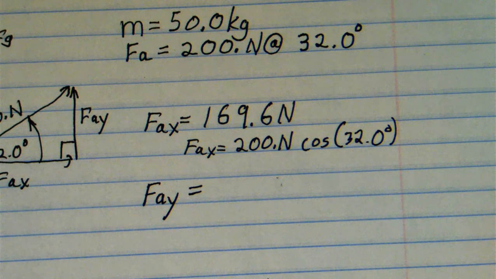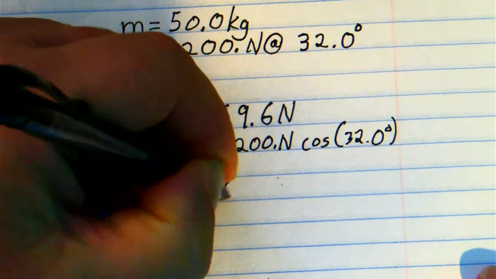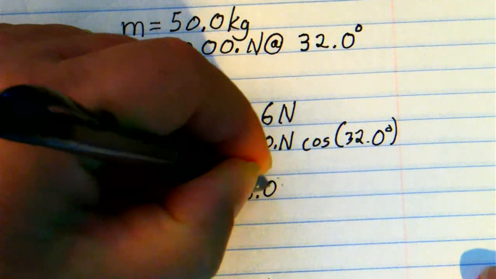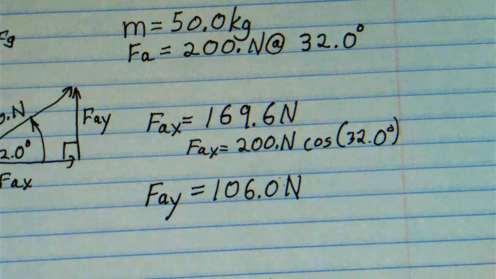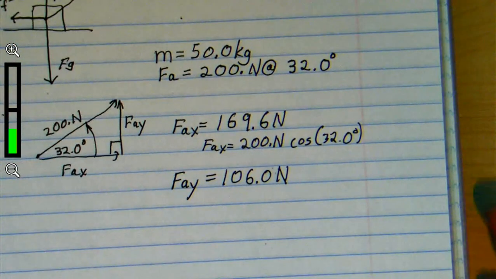No units? As did I. 106.0 newtons. Calculator actually said 105.9838528, which you know rounds up to 106.0. Excellent. Now, there's more to do.